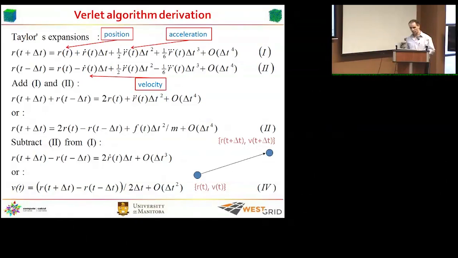When you develop the Taylor's expansion, the first term is the position, the second term is related to velocity, and the third term is related to acceleration. So the idea is, when you have the position and the velocities at time t0, then using this equation, you can have the position at time t0 plus delta t.